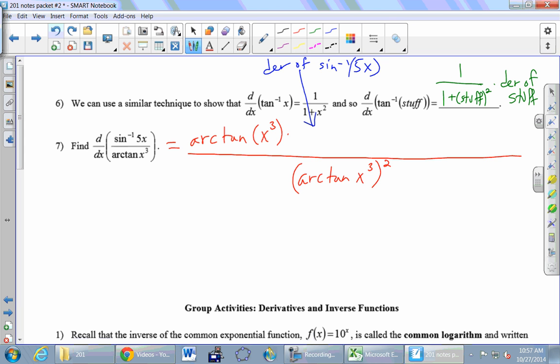But we saw inverse sine of stuff right on the previous page. So inverse sine of stuff is 1 over square root of 1 minus the stuff squared. 1 over square root of 1 minus some stuff squared. What's the stuff? It's 5x.